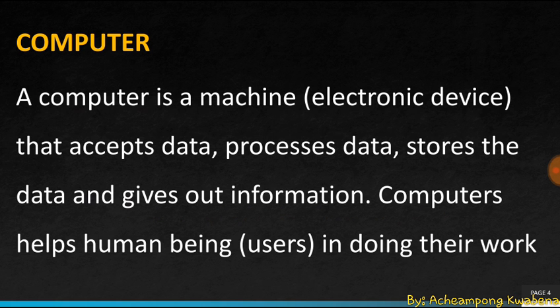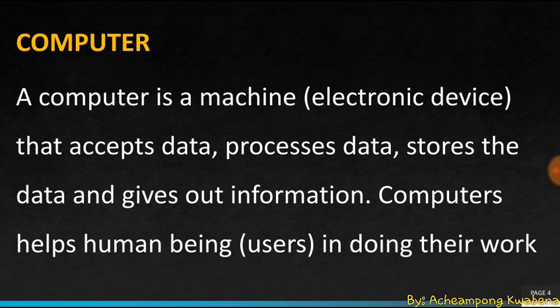Now let's start. When we say a computer is a machine, it's a machine that uses electricity. So we can say that a computer is an electronic device because it uses what? Electricity.